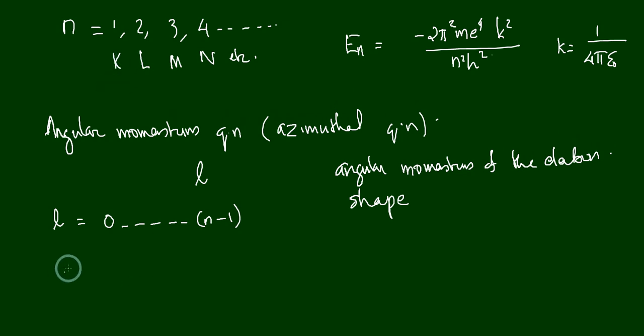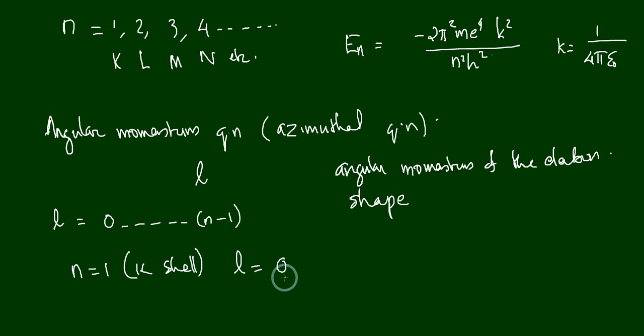Let us take, for example, the case where the value of n is equal to 1. If n is equal to 1, that means K shell. In this shell, L can have the values 0 to n minus 1, which in this case is 1 minus 1. So the minimum value is 0, and the maximum value is also 0.